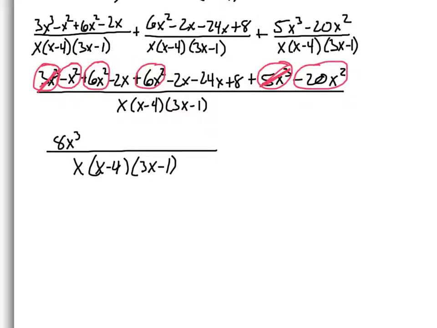So 6 and 6 is 12x squared. And negative x squared and negative 20x squared is negative 21x squared. So essentially I've got 12 minus 21. Well, 12 minus 21 gives us negative 9x squared.